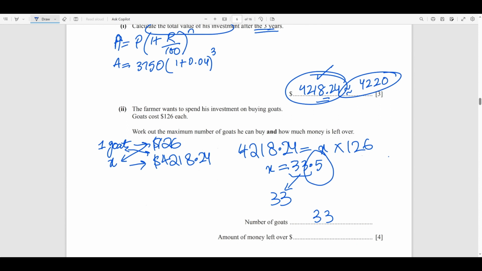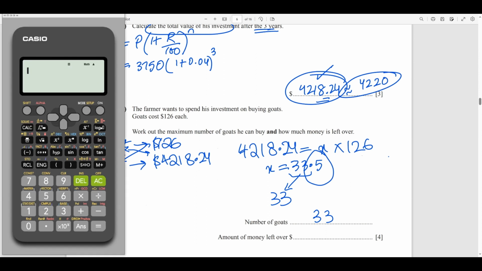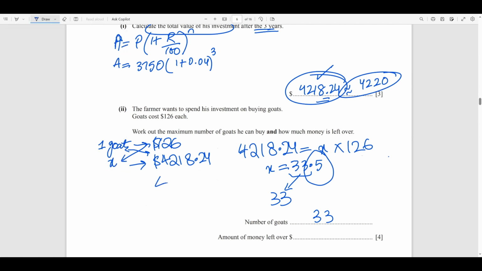So how much money is left, things like that. First we need to see how much 33 goats will cost you. So 33 goats, 126 per goat, is 4158, and you have 4218.24, and 4158 is the amount that you'll be spending on 33 goats, right?